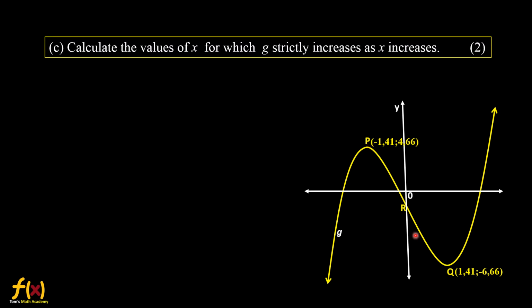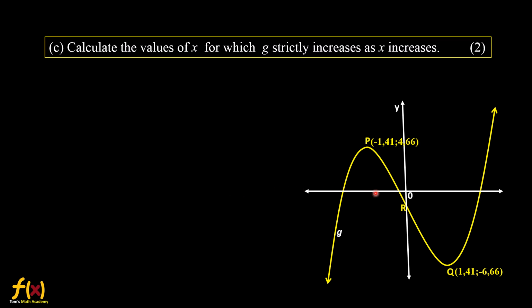But what about P to Q, which is the decreasing portion? If the question is for decreasing, you consider this area from P to Q. What is our question? Values of x. Up to P, that is less than minus 1,41, not to the right.